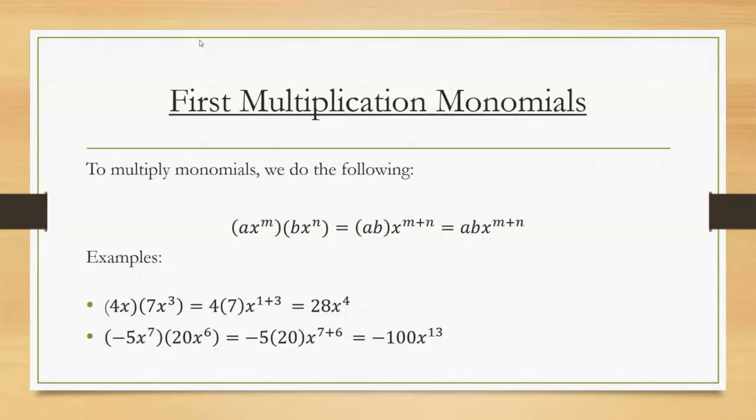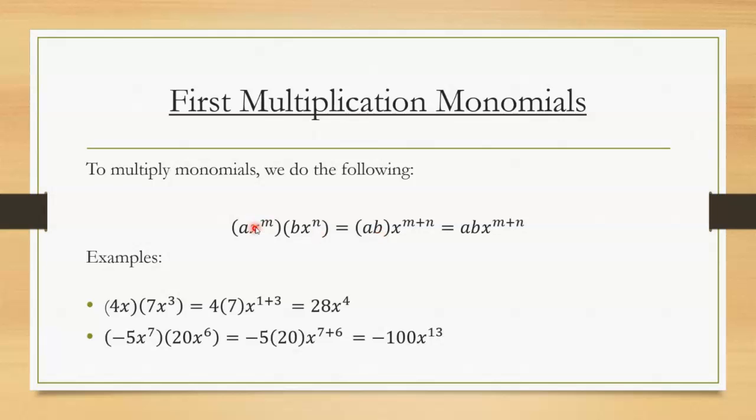Just like with addition and subtraction, we will take it an extra step further to polynomials. For monomials, we multiply the coefficients together and we use the exponent rules for the variable.